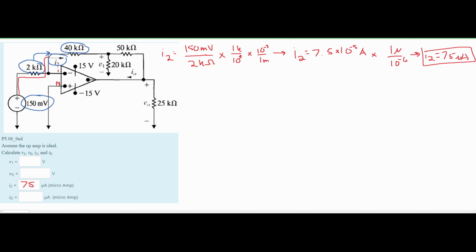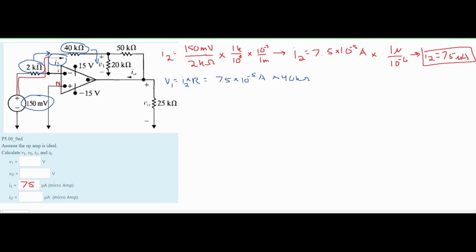And then we're going to use both of these to find our V1. We know that V1, or any voltage, is equal to current times resistance. So we can say that this is equal to our I2 times resistance. And we know our I2 to be 7.5 times 10 to the negative 5 amps, and then we know our resistance to be 40 kilo ohms.